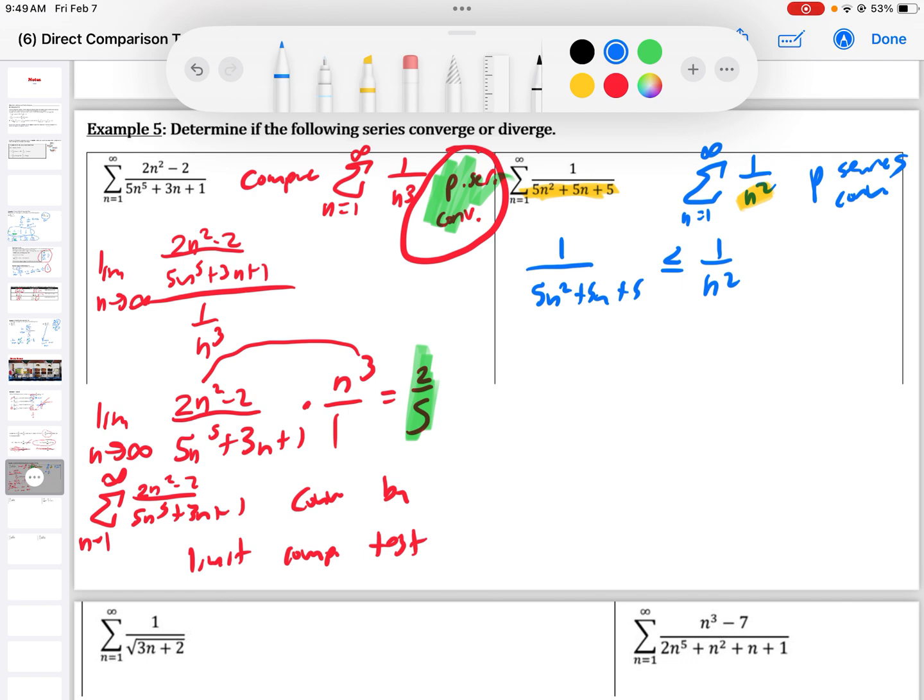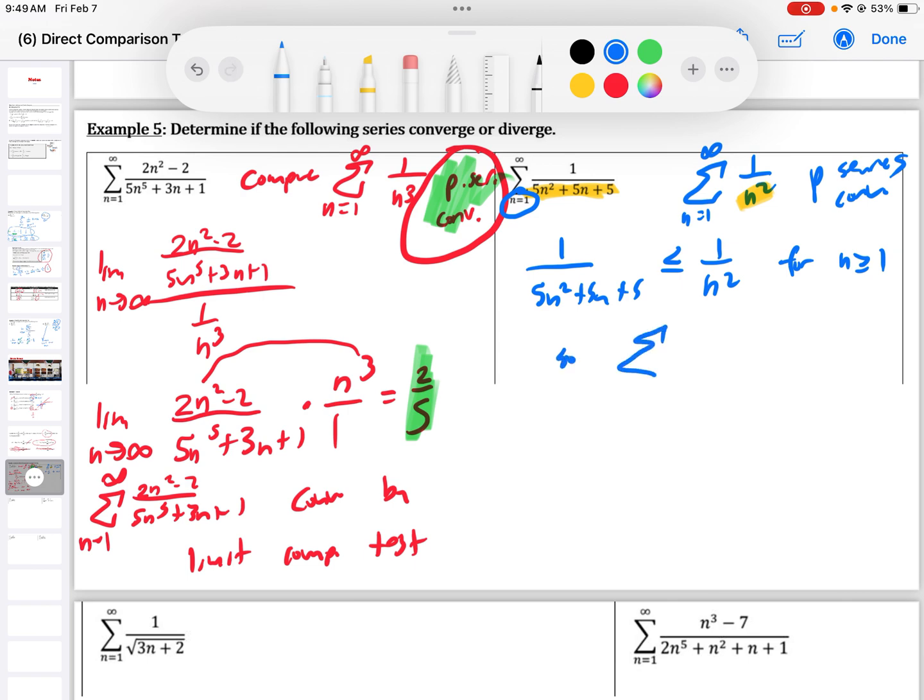If the denominator is bigger, the overall number is going to be smaller. For n greater than or equal to 1, because that's what I'm working with. I'm not working at negative n's because that would affect it and I couldn't say it. But for n greater than or equal to 1, that term by term relationship is going to work for sure.